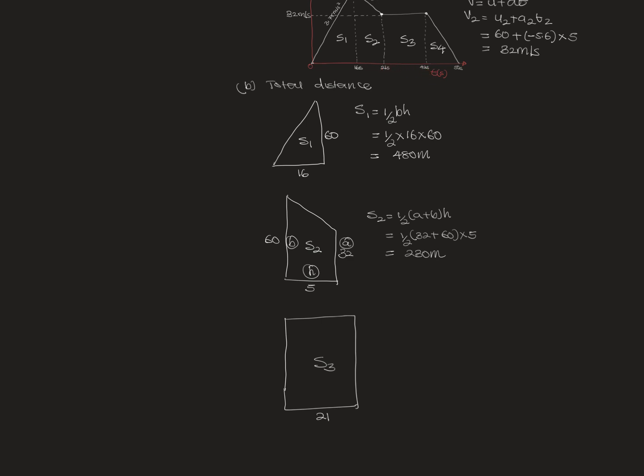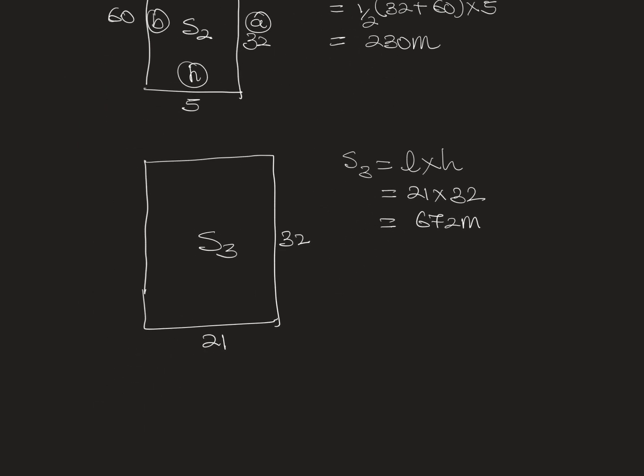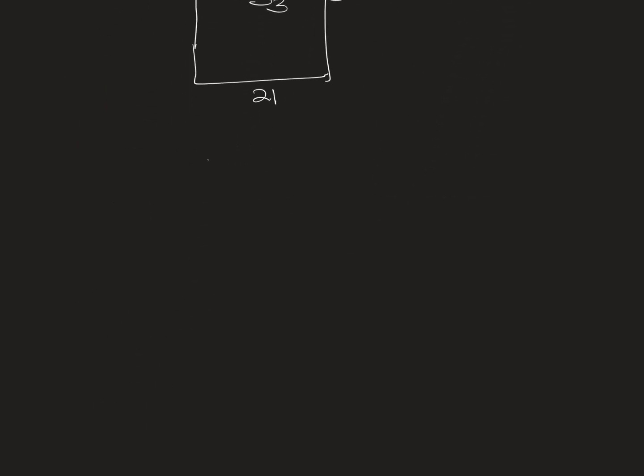And the height is 32. So S3 is equal to the length times the height, that's the area of a rectangle. So that will be 21 times 32, and that will give you 672 meters.